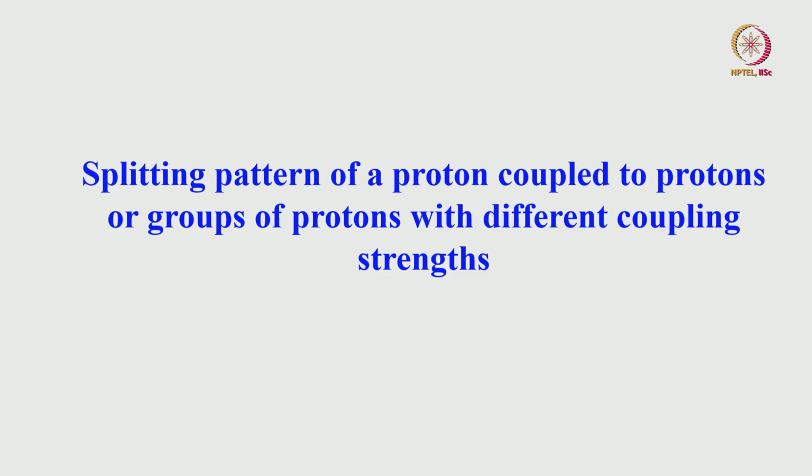We took the example of one proton coupled to two different groups. When one proton is coupled to CH2, it is a triplet. It is also coupled to another CH2, so it is a triplet again. Each lane of the triplet will become another triplet, which I showed as a pentet. And then similarly we saw when one is coupled to CH2, one CH3 and another CH2, we got a sextet. When one proton is coupled to two CH3, I showed it is a septet.